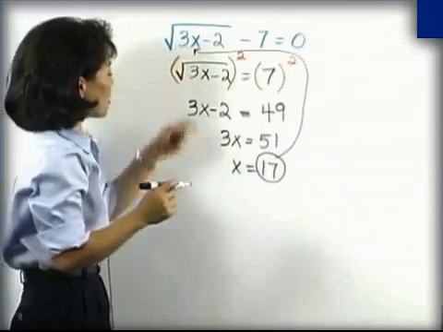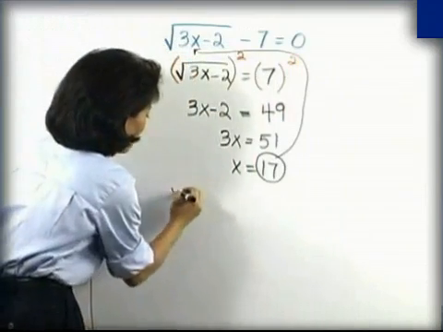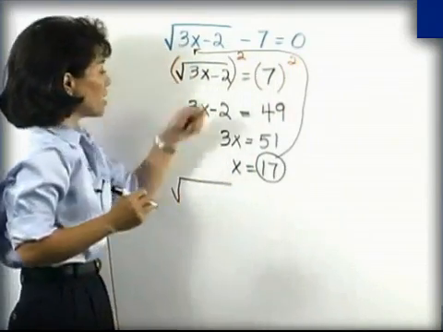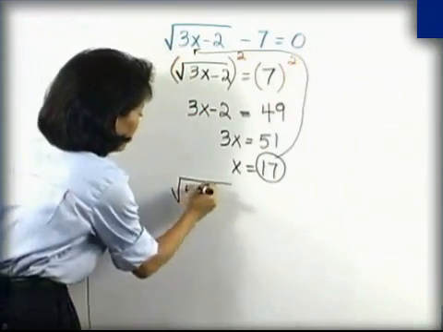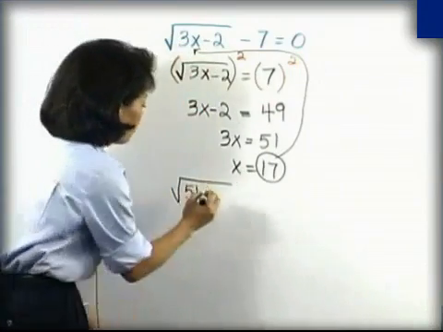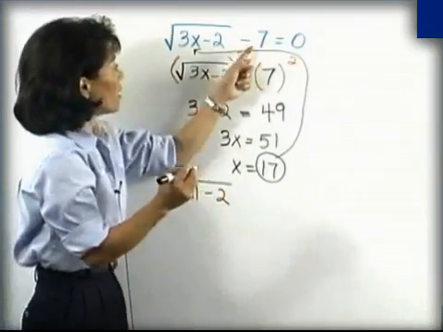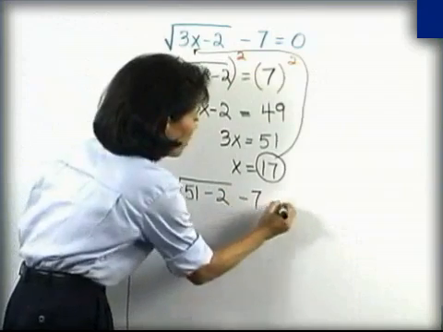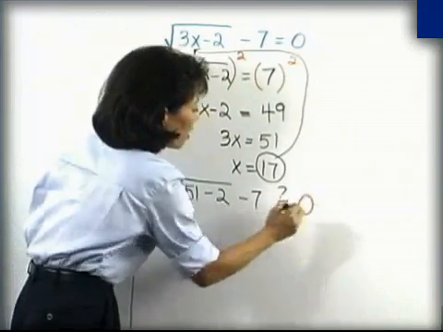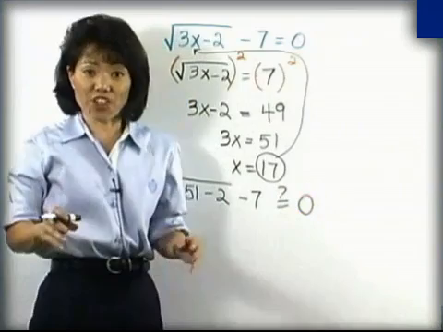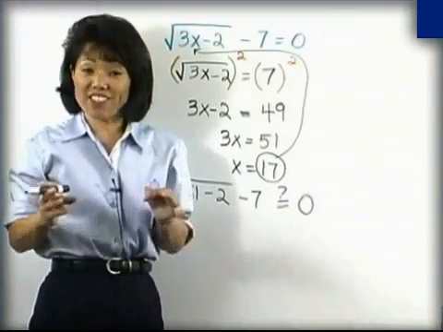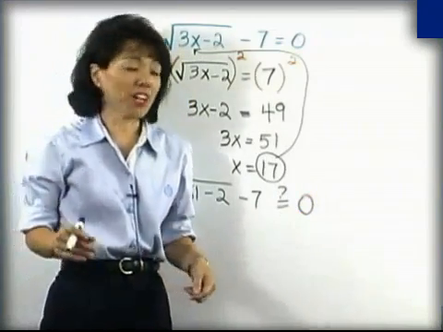3 times 17, so we have the square root of 3 times 17 is 51, minus 2, minus 7. Is that equal to 0? If it is, then our solution is correct. If it's not equal, then we're out of luck.